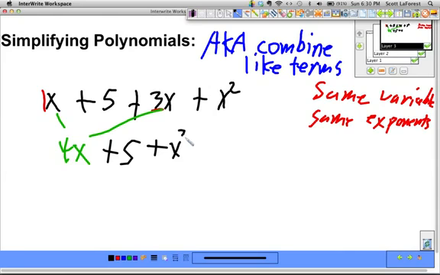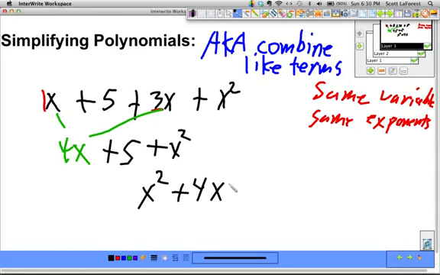Okay? Now we've done the problem, we've simplified it, but one thing that us math teachers are pretty picky about is we want this in standard form. What standard form is, you start with the highest power of your variable, and that always goes first. So we would rewrite this as x squared. Our next highest power of our variable is just x, so it's plus 4x.